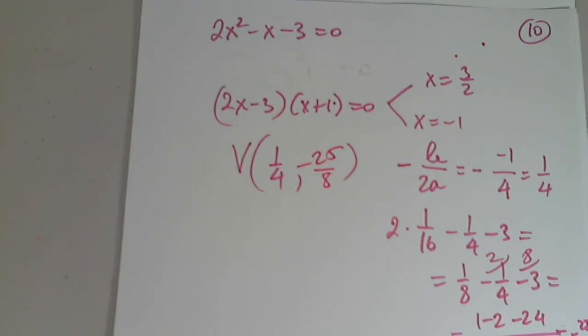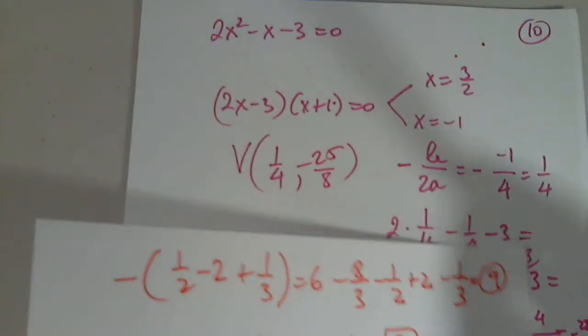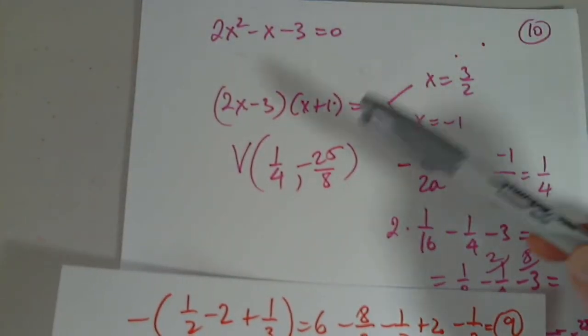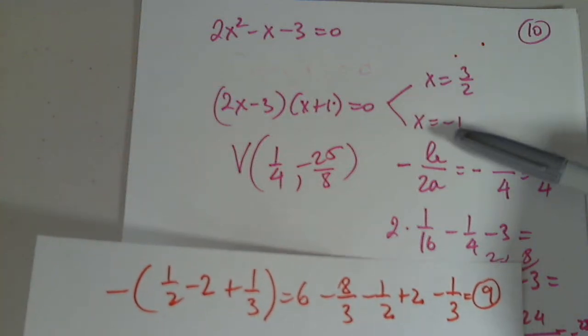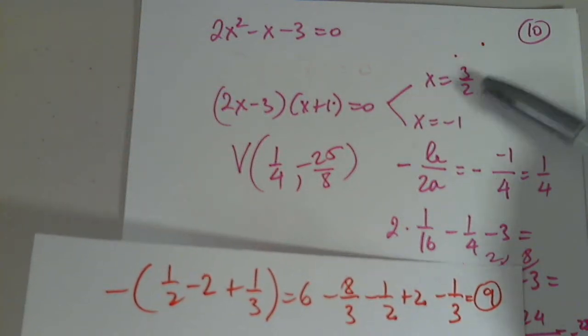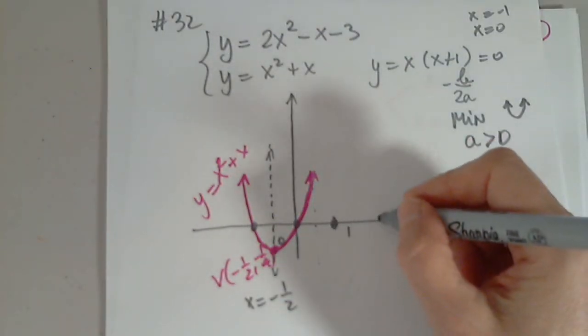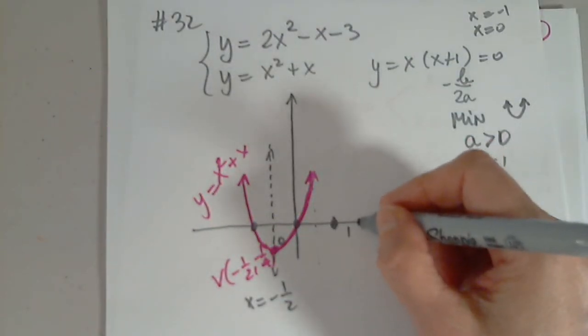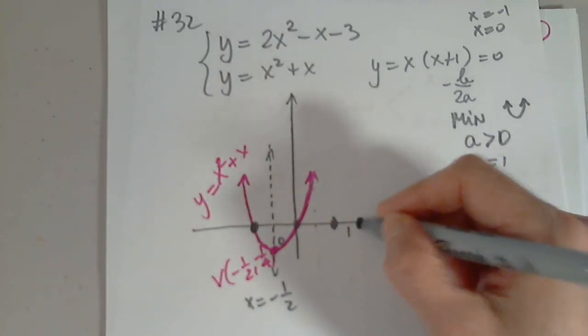Okay, still a minimum. I'm going back to my graph. So it crosses at negative 1, like the other one does, and also at 3/2. So this is 1, this is 2, this is 3/2. And it crosses here, and it crosses here.